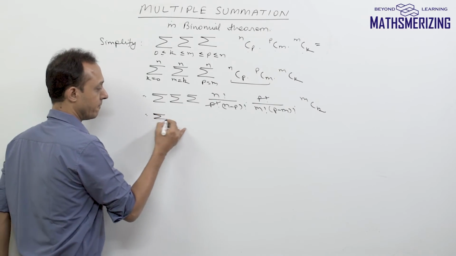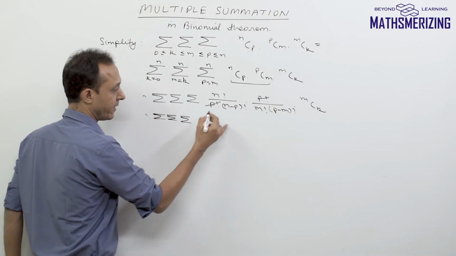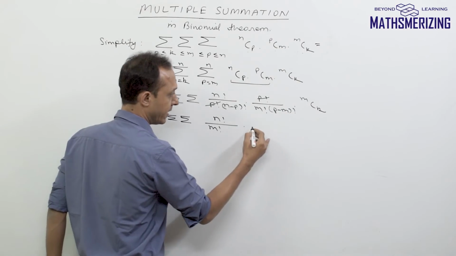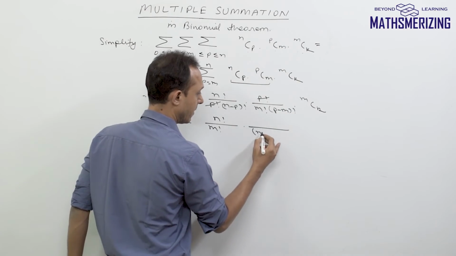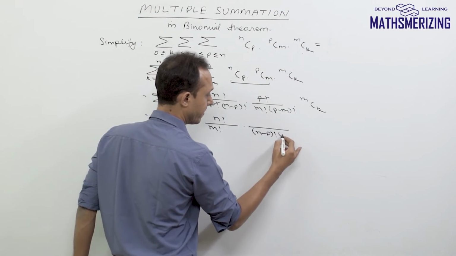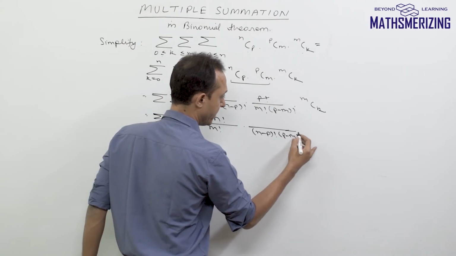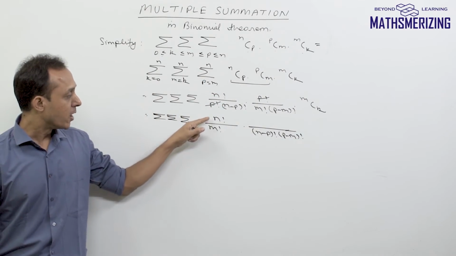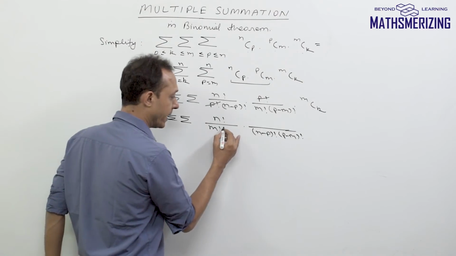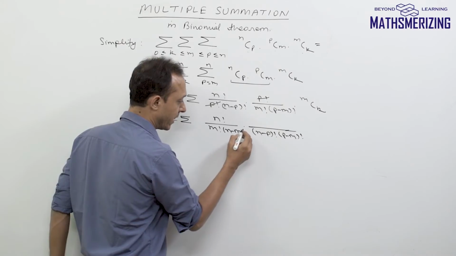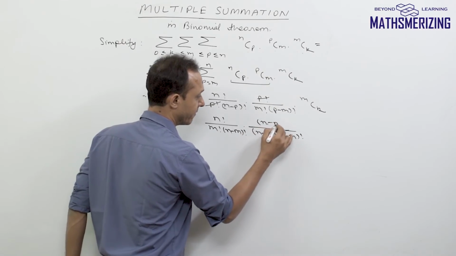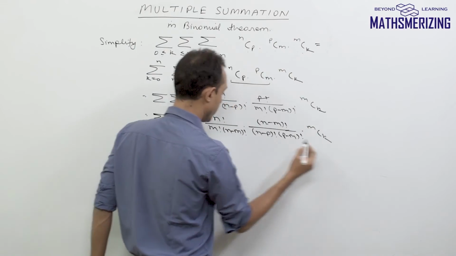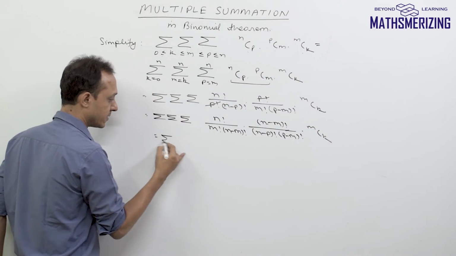So now it will be triple summation, and then I'll write factorial n upon factorial m, and here I'll write n minus p factorial and p minus m factorial. Now I want to change it back to binomial coefficient form. So I'll multiply it with factorial n minus m, and I'll also divide it with factorial n minus m. So now I can write it as summation.